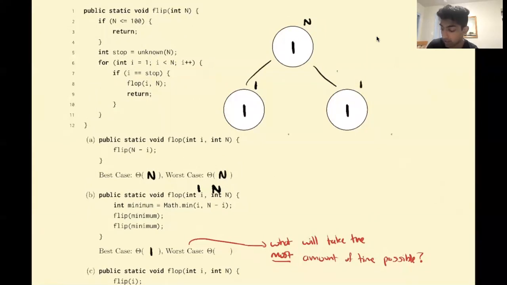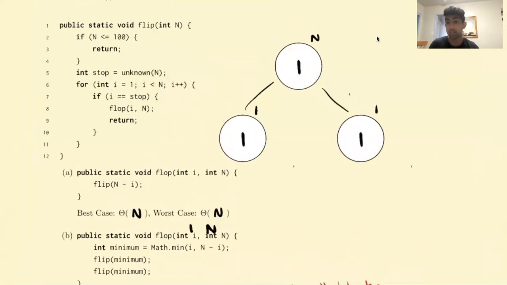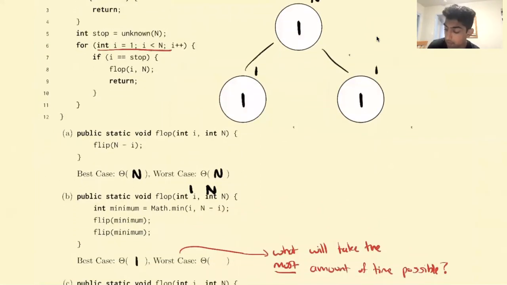Idea one, oh, I don't know why that appeared. Okay, sorry about that. The first idea to try to consider cases that take the most amount of time possible is what if this for loop goes all the way to the end? Okay, I'm just thinking out loud, and as you guys approach problems, you probably will do the same.